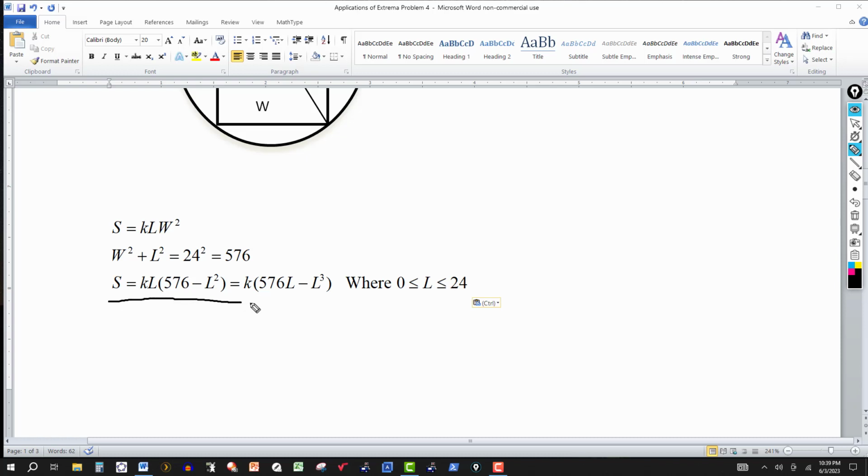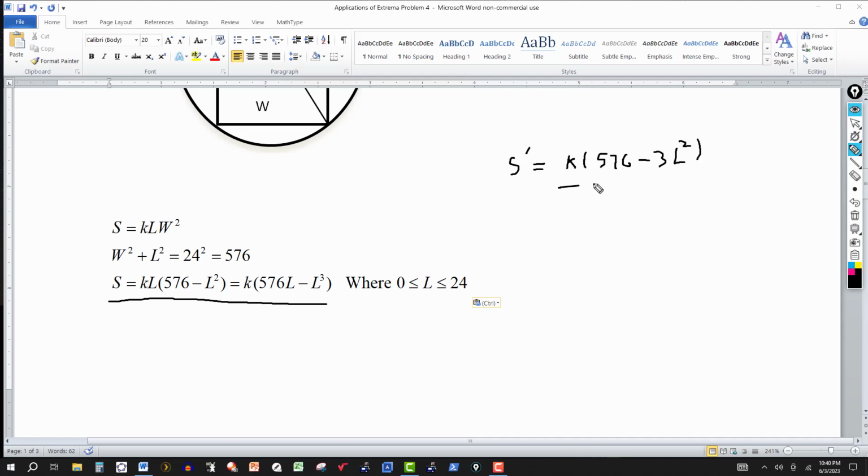Now it's just a matter of computing the derivative of this, and I'll leave the constant out. Just take the derivative of what's inside. The derivative of 576L is 576, again differentiating with respect to L, and then this is going to be 3L squared.